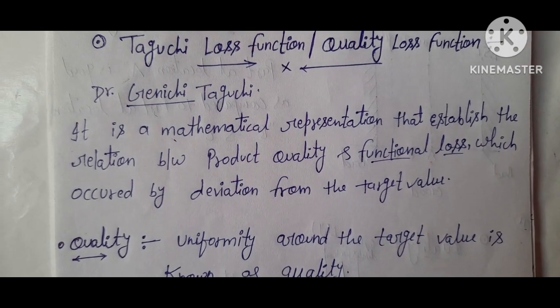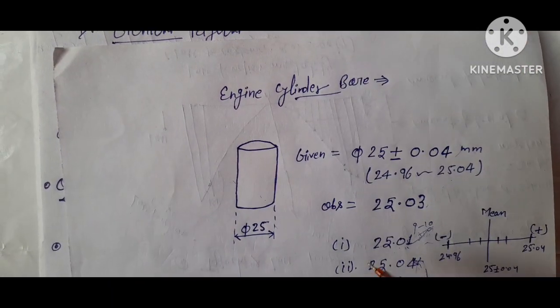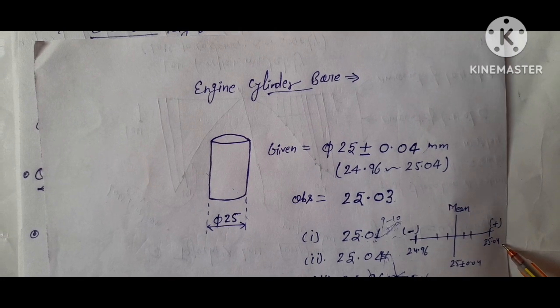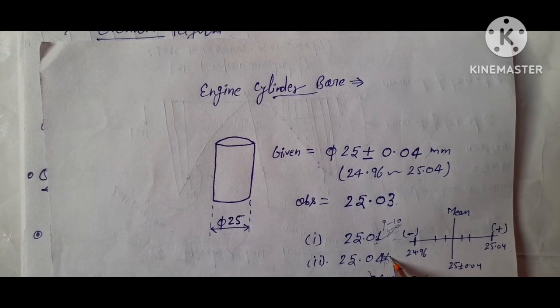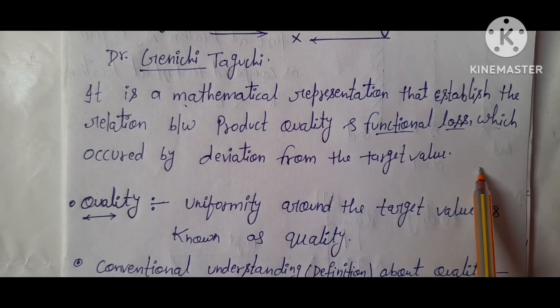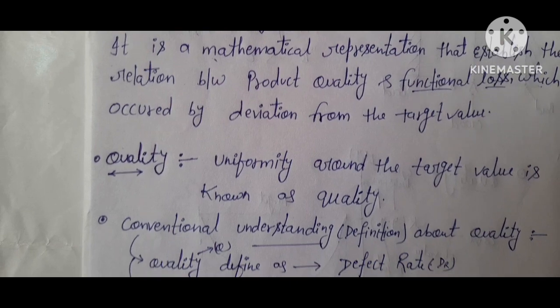As you see in this picture, this is the target value, and if it deviates to 25.04 or to 24.96, this is a loss at the customer end.